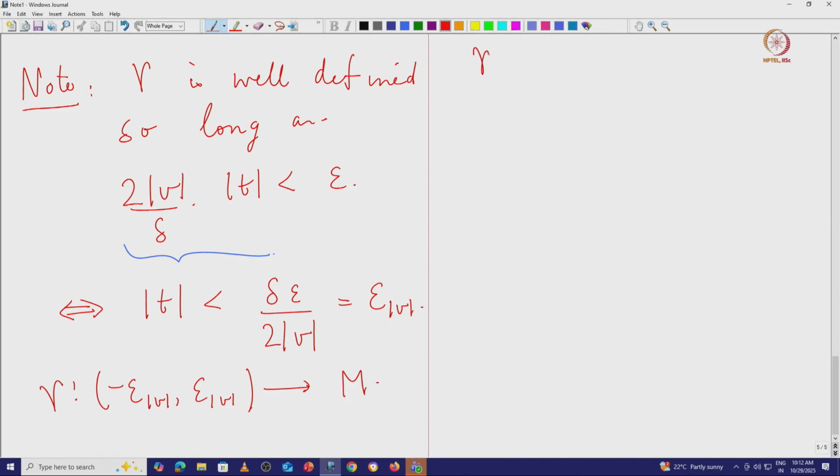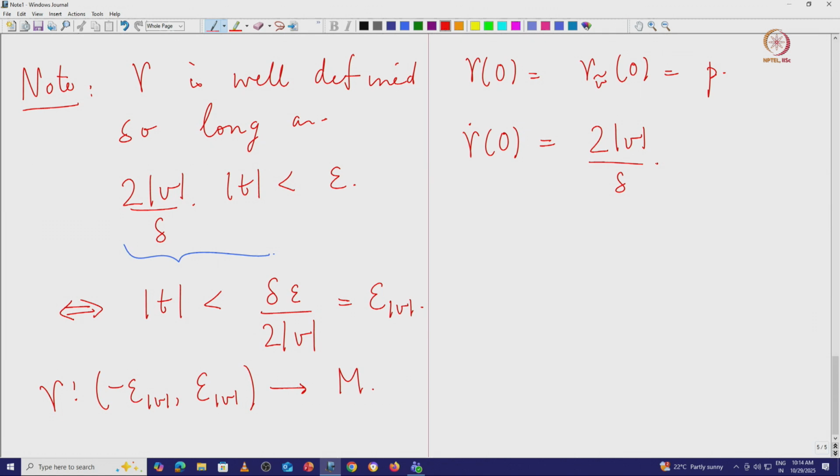Okay. Also gamma obviously satisfies the initial condition that gamma of 0 is p. What about the velocity of gamma at 0? Well, by the chain rule, that is precisely 2 times norm v by delta times gamma v tilde dot at 0, but what is gamma v tilde dot at 0?